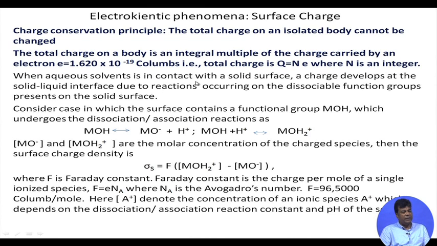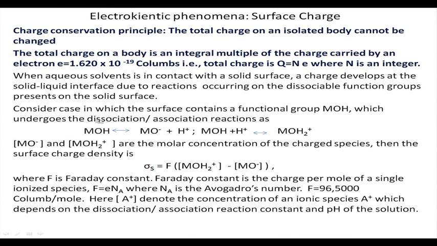Now, what happens is that when aqueous solvents or ionized fluid is in contact with a solid surface, a static charge will develop at the interface between the solid and the liquid. This occurs because of the association-dissociation reactions as governed by these equations, and an example I have cited over here.